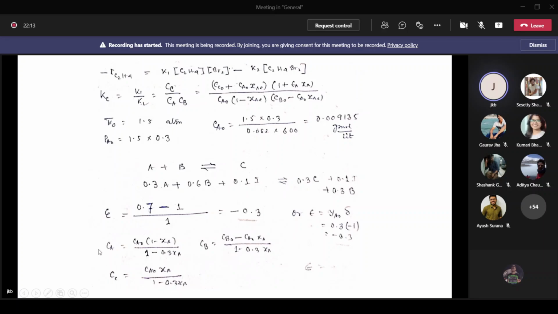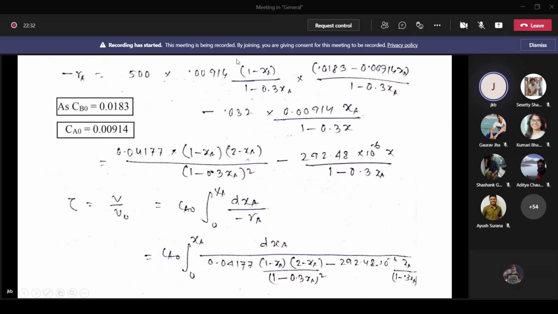Now this Ca, Cb, Cc you substitute in the rate equation, that is minus r C2H4 equals K1 Ca Cb minus K2 Cc. Substitute this, then we obtain the rate equation.